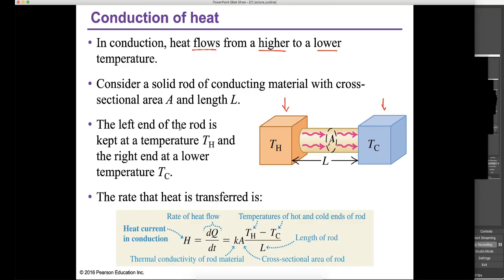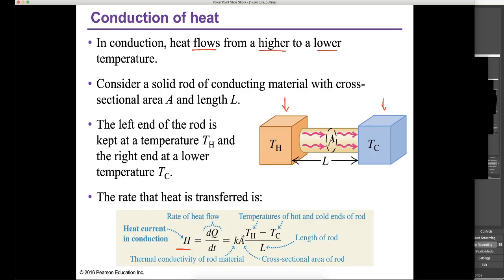The left end of the rod is kept at a temperature Th, and the right end is at a lower temperature Tc. The rate that the heat is transferred can be calculated in this way. We use H to stand for heat current, and it equals dQ over dt. That means the rate of the heat flow.